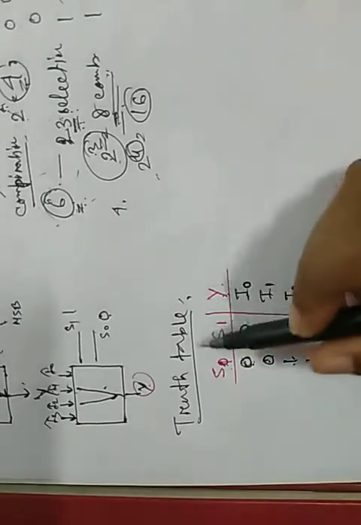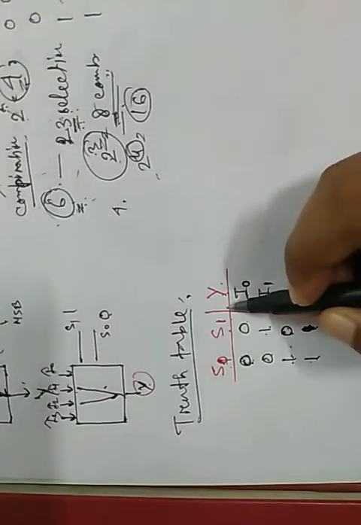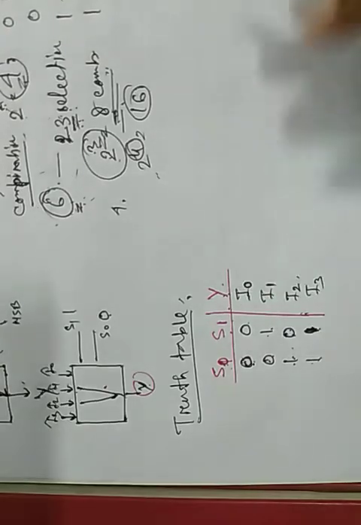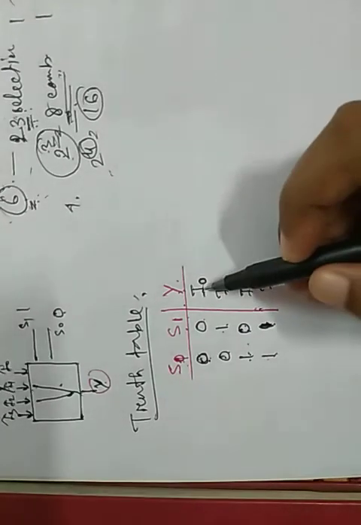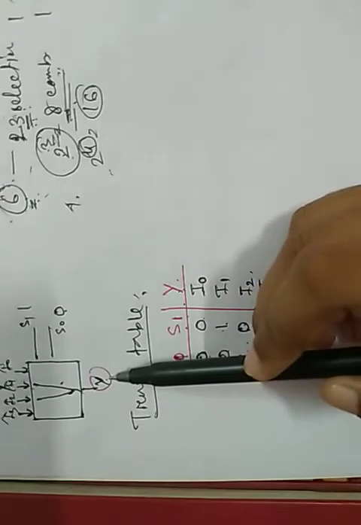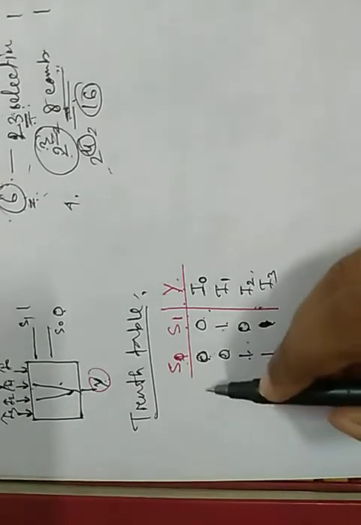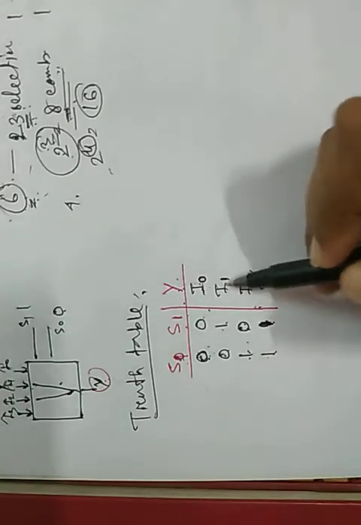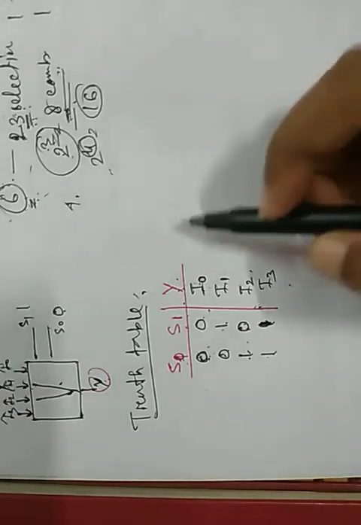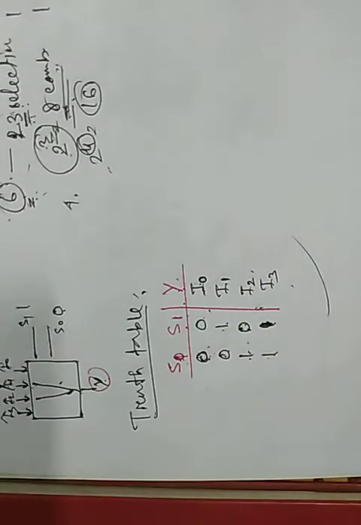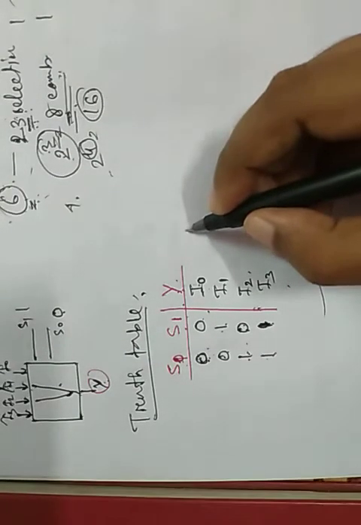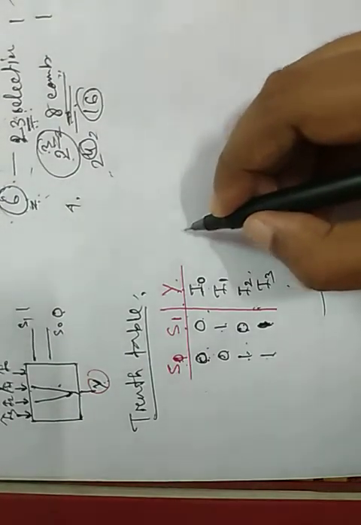So the final representation of the truth table is Y. Only one output we get at a time. Only one selection will be taken at a time and only one output is taken at a time.